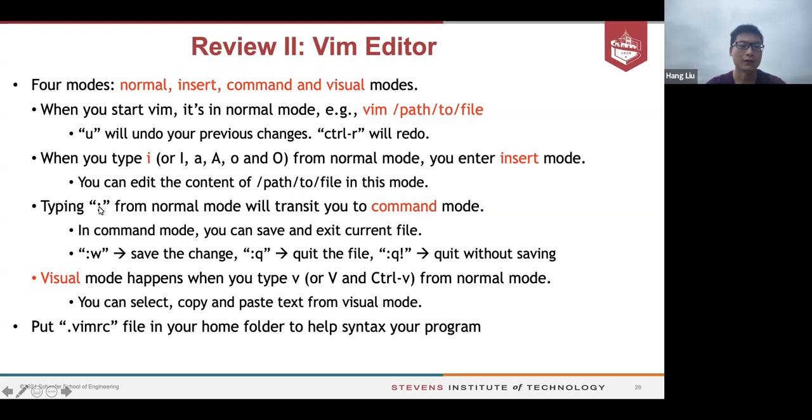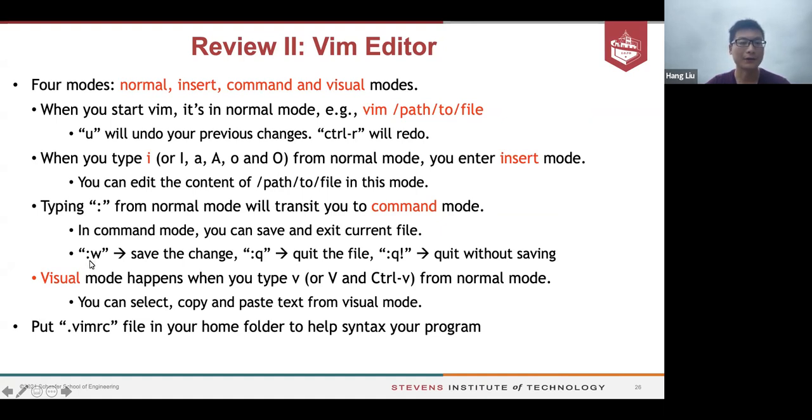From normal mode, you type colon, and that transitions you to command mode. In command mode, you can save and exit the current file. For example, colon w saves the change. Sorry, it's not semicolon, it's colon, the colon symbol here.